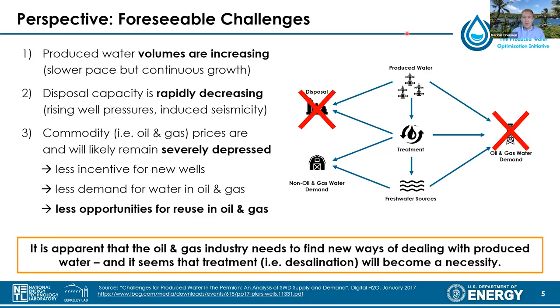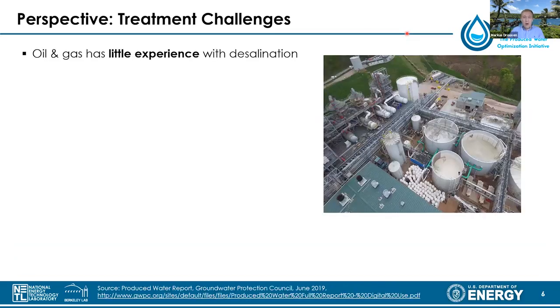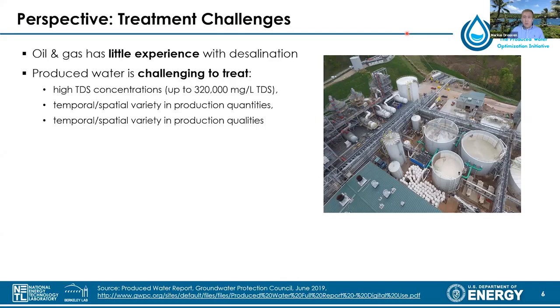So let me talk a little bit more about why that is interesting and why that is going to be challenging. For one, the oil and gas sector really hasn't had to desalinate a whole lot of produced water in the past. So it's not like there's a great track record we can go off of. Two, produced water is incredibly challenging to treat. And it's not just because of the TDS concentrations, but that has a part to do with it.